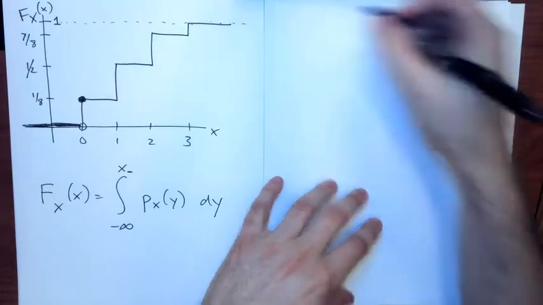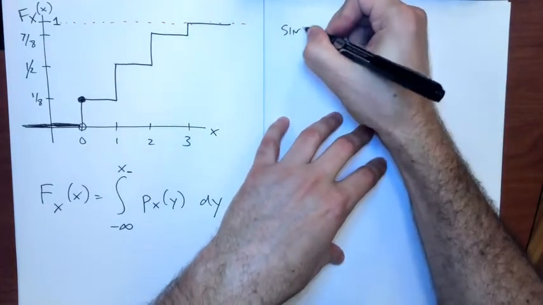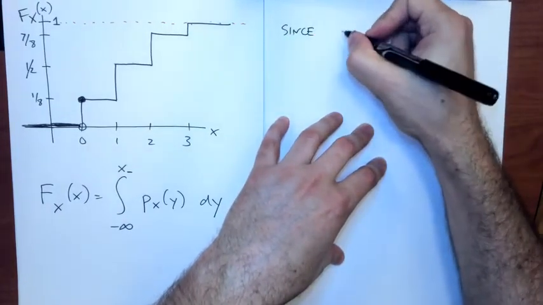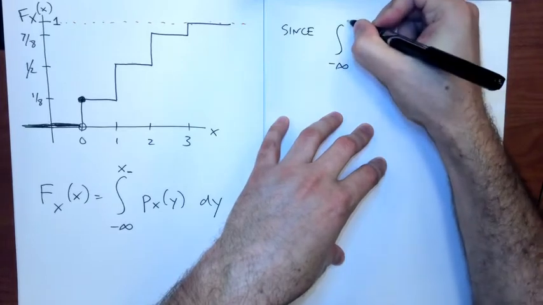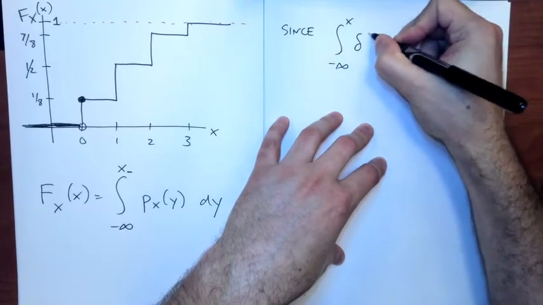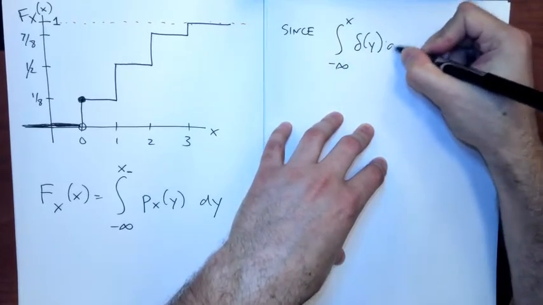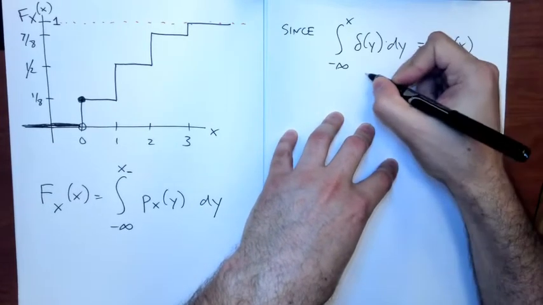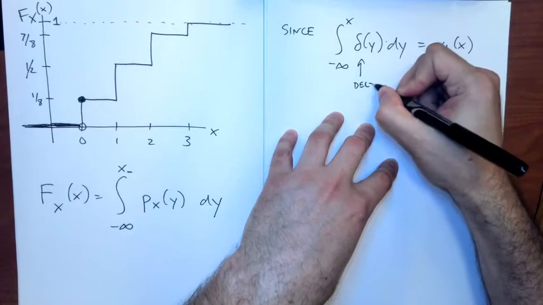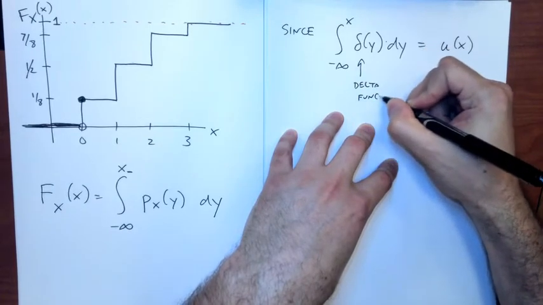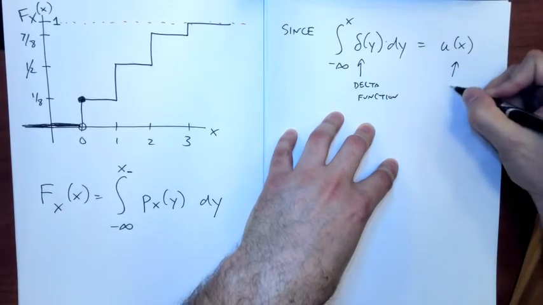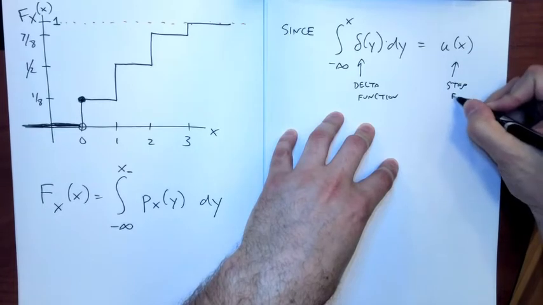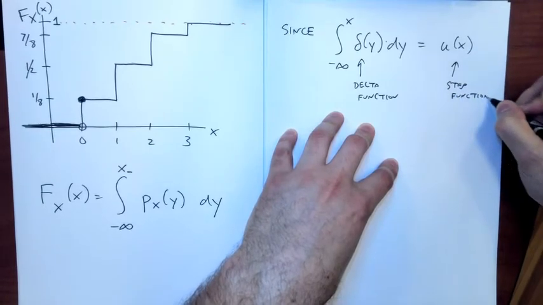So remember that the definition, in some sense, of a delta function is that when I integrate a delta function, I get what's called a step function, right? So this is what we call a delta function. And this is what we call the step function, usually denoted as u.